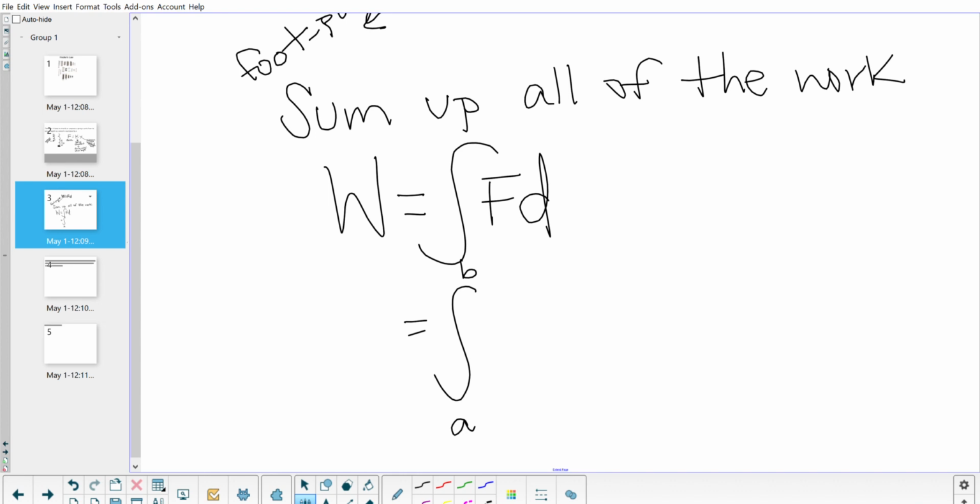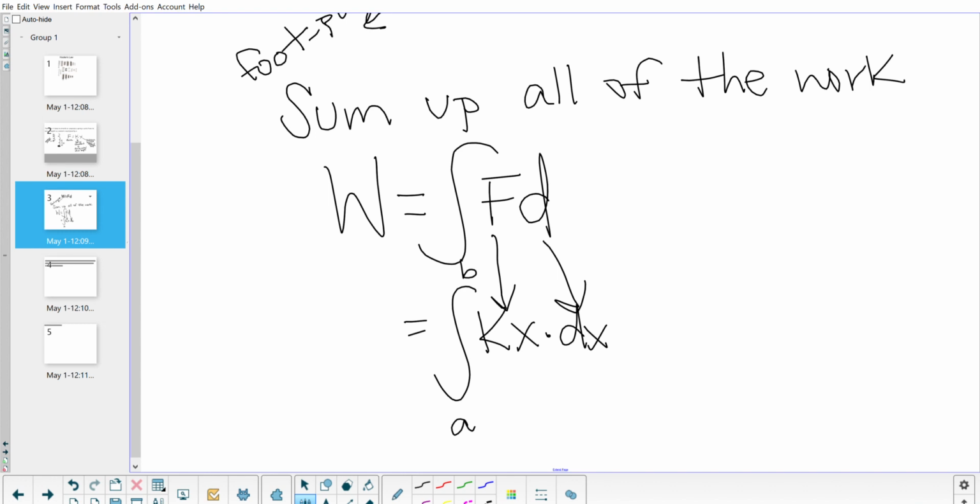And then force, we know from the previous slide, that's k times x. So force becomes k times x, and d becomes, that's like your change, dx.